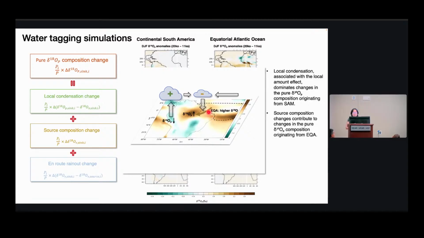And because more enriched water vapor is delivered into the Amazon and northeast Brazil, that's how the remote forcing plays a role here. They contributed to the more enriched delta 18 precipitation in this region.